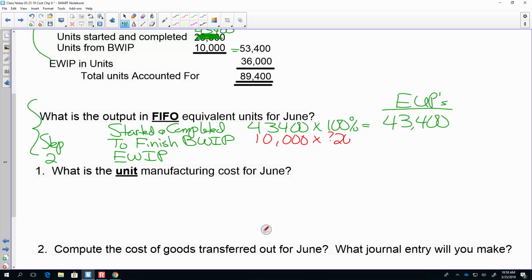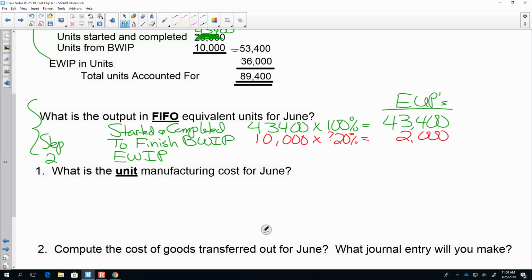Because they were already 80%. Yes. Very good. Excellent job. The author told us those beginning units last month were 80% done. So in the current month, how much more effort? 20 more to get it to 100, right? What do we call that? We call that the complement. This is the only time you will ever use a complement percentage to compute an equivalent unit. This is never done under the weighted average method. So this gives us 2,000.